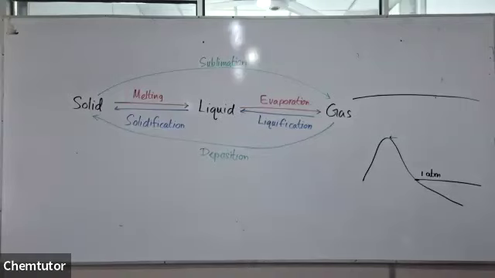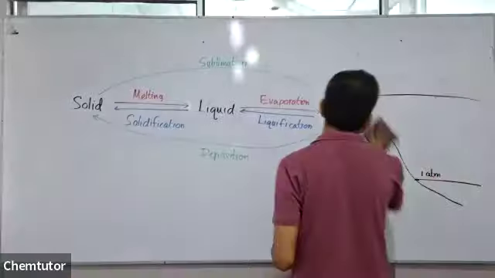Is it clear? Right. So this diagram illustrates how the interconversion between different states of matter takes place. So you can write it.